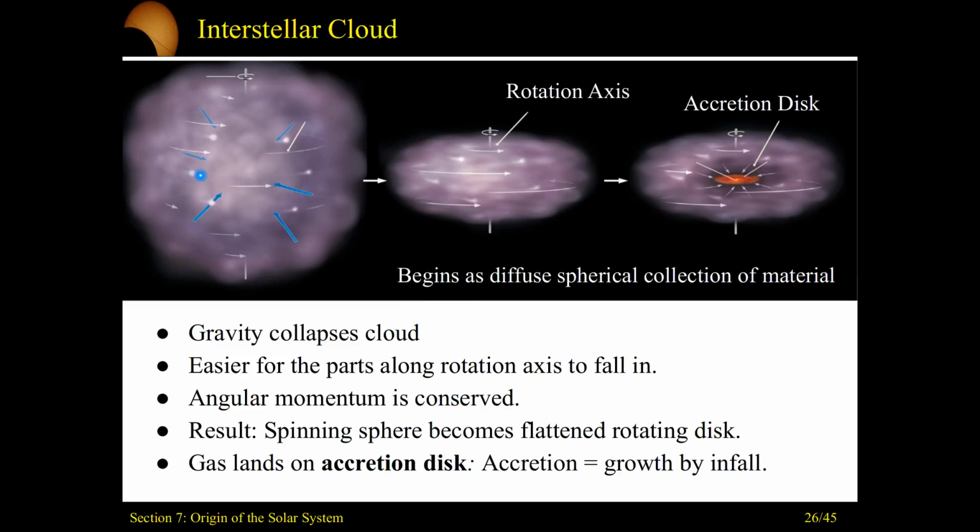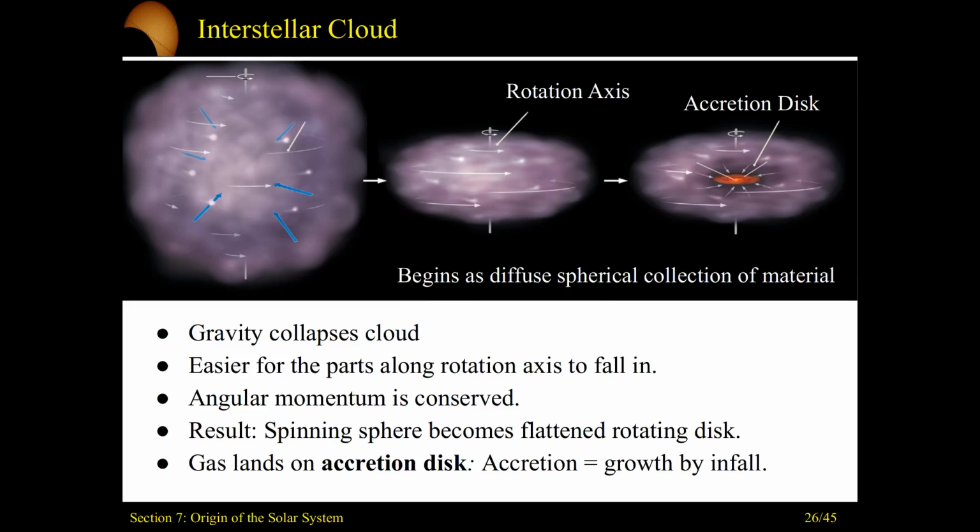Well, any material that's going this way has some inherent rotation trying to prevent it from falling in. Think of the ball and the string demos. Whereas this stuff that's rotating this way easily falls in and collapses. So this cloud will start to collapse down, and to conserve angular momentum, it has to start rotating faster.